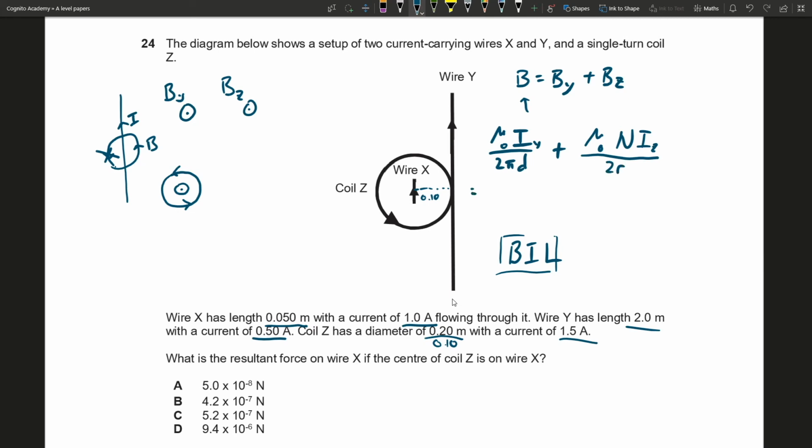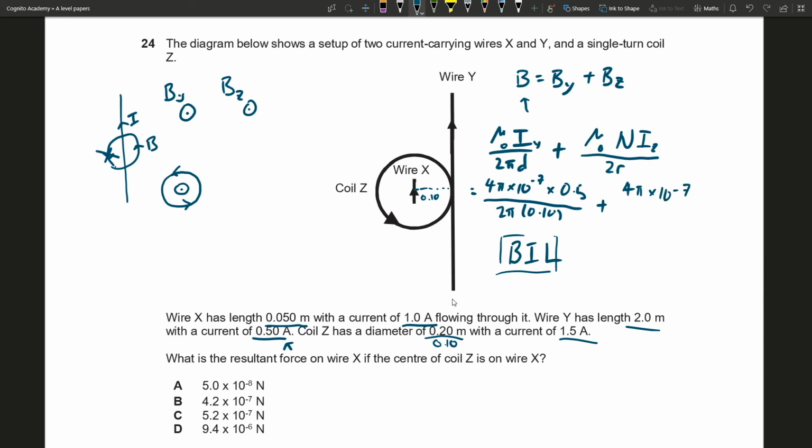And putting in the numbers for that, mu naught is 4 pi times 10 to the power of minus 7, IY is 0.5 amperes, given over here, and then over 2 pi, and then d is 0.10 meters, plus mu naught 4 pi times 10 to the power of minus 7.